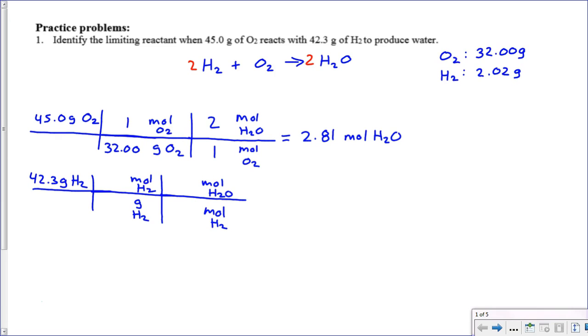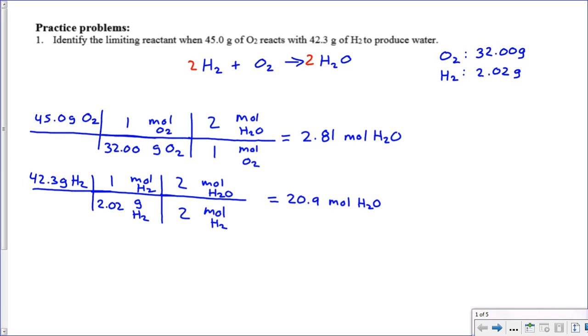Conversion factor is grams to moles. That's the molar mass, which is 2.02 grams per 1 mole for hydrogen. And then the mole-to-mole ratio, looking at the coefficients, is 2 moles of hydrogen per 2 moles of water from that balanced chemical equation. And so if you go through and do that math, you get 20.9 moles of water produced.